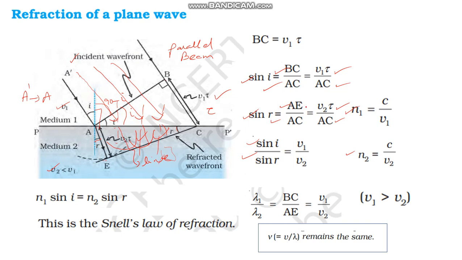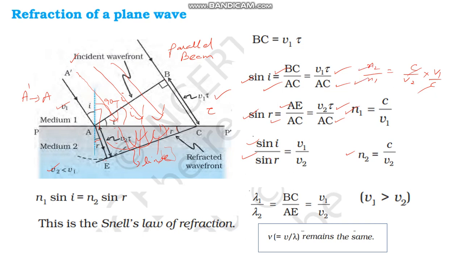So in this you got sin i by sin r equal to v1 by v2. Let us put these values here. n2 by n1 means c by v2 into v1. These two got cancelled. v1 by v2 will be equal to n2 by n1.